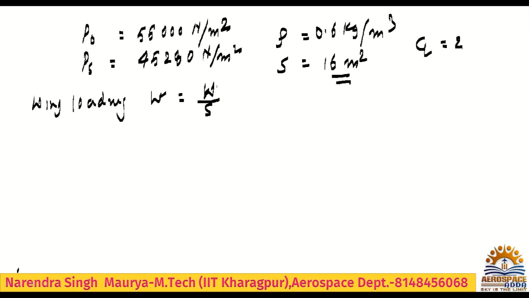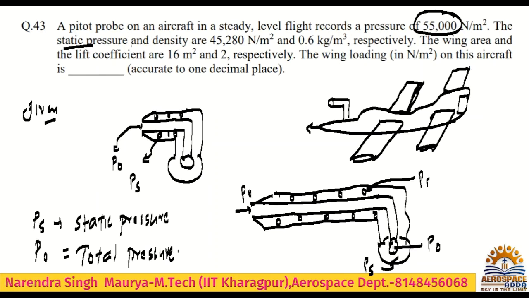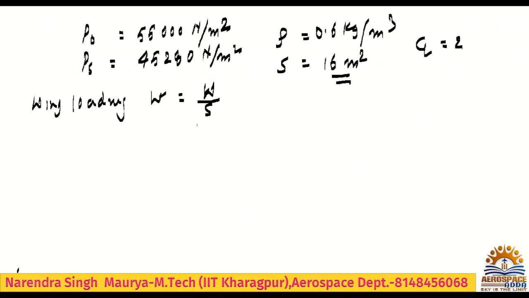CL they have given so that you can calculate lift if required. See, it is steady level. If it is steady level then your problem will be easily solved. Steady level flight means L is equal to W. So if you calculate L, you may get W.